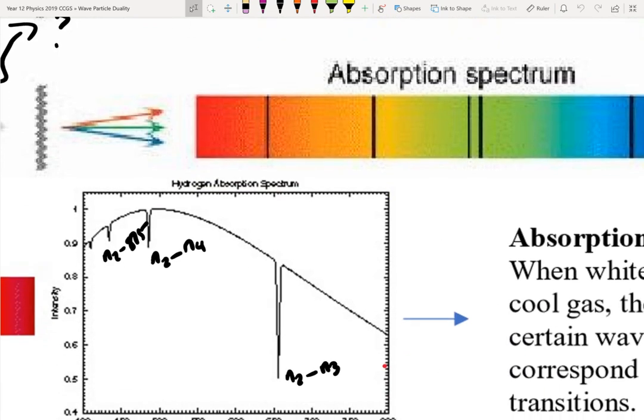But if the object is at the same temperature, it's going to make its own black body curve, and it's just going to fill in those gaps by its own jiggling. So you wouldn't get the missing bands because the black body curve of the hot object would just fill those bands in. So they always say cold gas, cold sample, hot object, which is what we had at the back of the classroom.